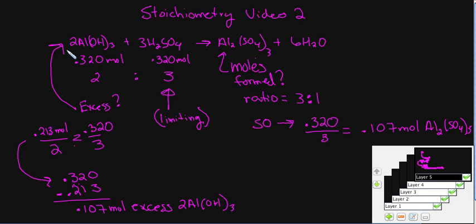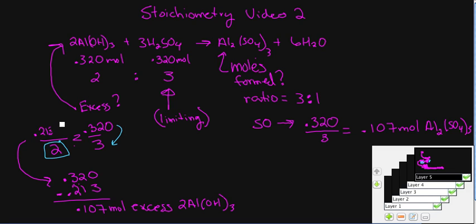So to figure out how much excess we have, we'll set this up as a proportion. For this one, the 3 one, we know how much that is, 0.320, so that's over 3. And then for this one over here, we want to know what it is over 2.